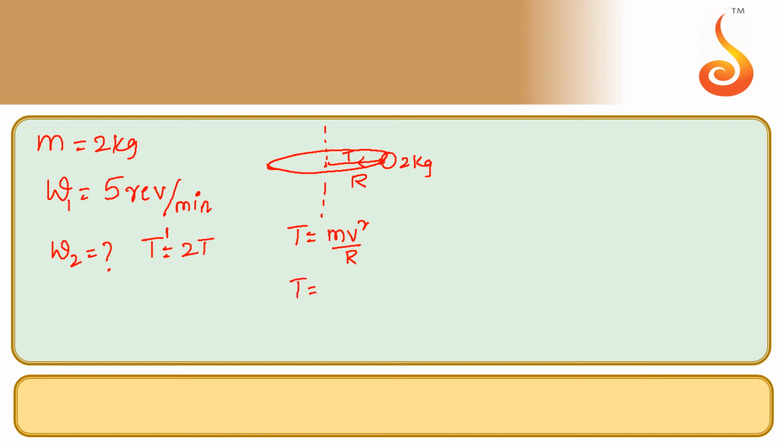So tension can be written as m r square omega square by r. So r and r get cancelled. So tension is equal to m r omega square. Let this be equation 1.